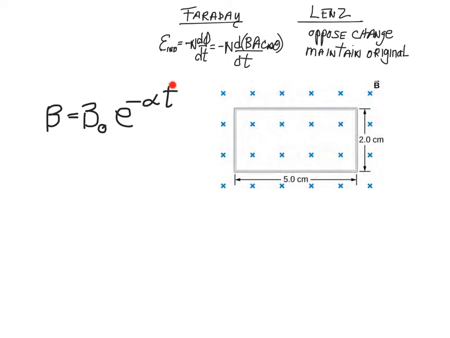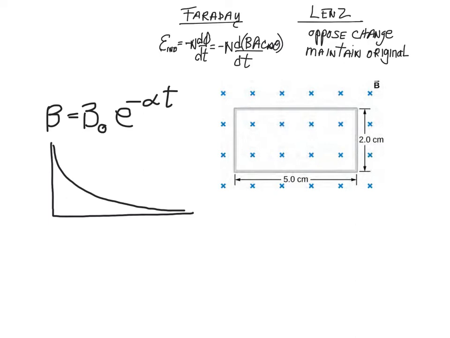As t goes to infinity, this number goes to 0. That is a function we've seen before in RC circuits, where the time constant in this case would be 1 over alpha. We usually wrote it as t over the time constant.